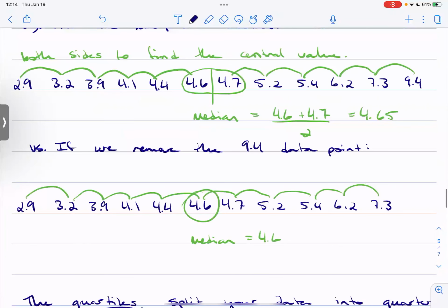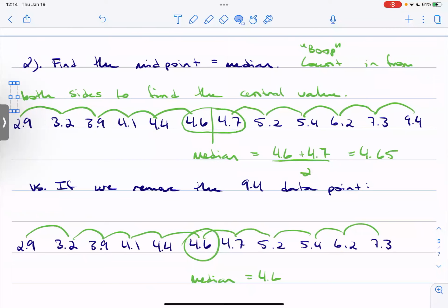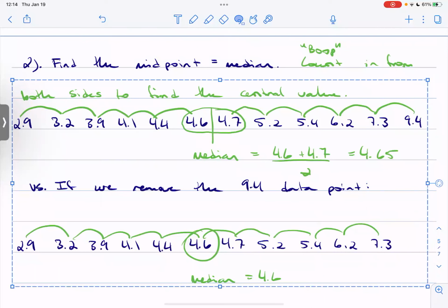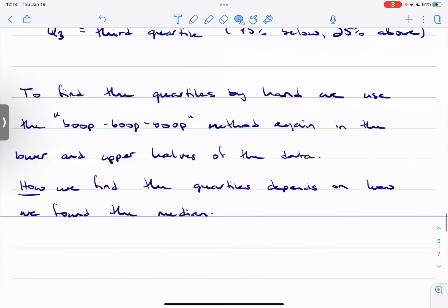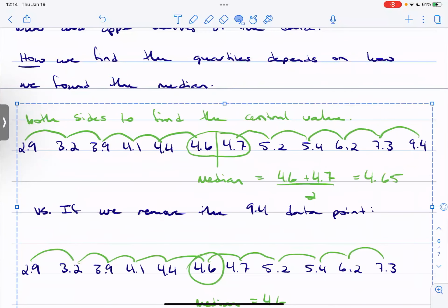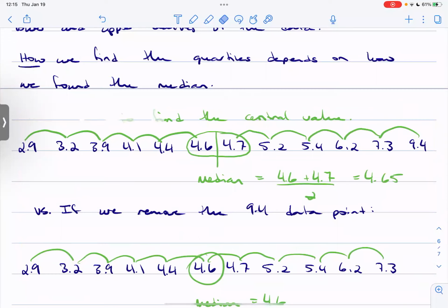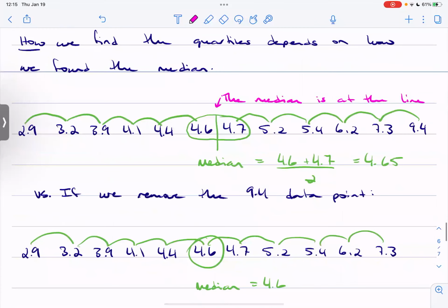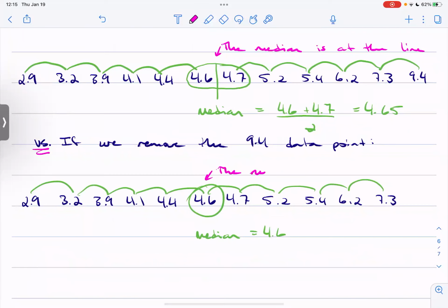Okay, so here the median is at the line, versus the median is one of the values.